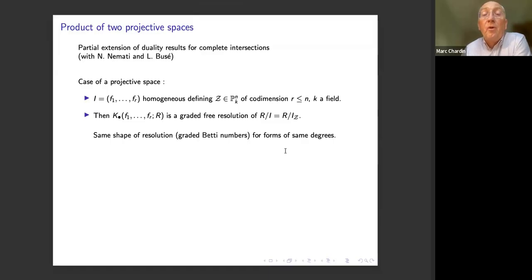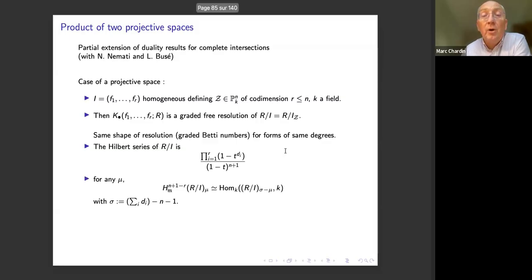So for forms of the same degrees, you have the same resolution all the time. The Hilbert series is also uniquely determined by the degrees, and you have a very simple formula for the Hilbert series. So all of this works perfectly well.